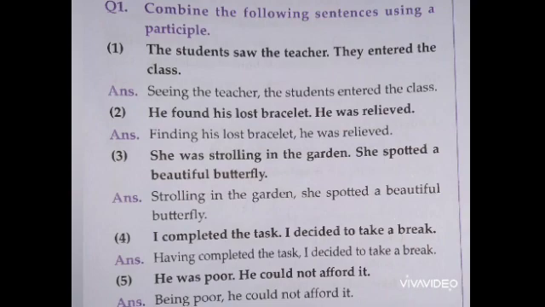I decided to take a break. Having completed the task, I decided to take a break. He was poor. He could not afford it. So here, in place of was, you'll say, being poor, he could not afford it.